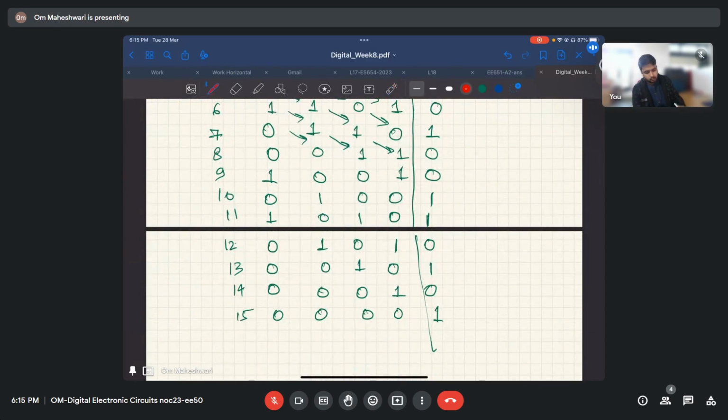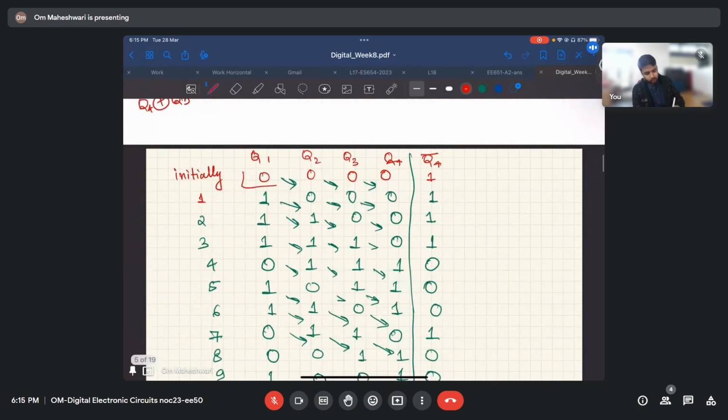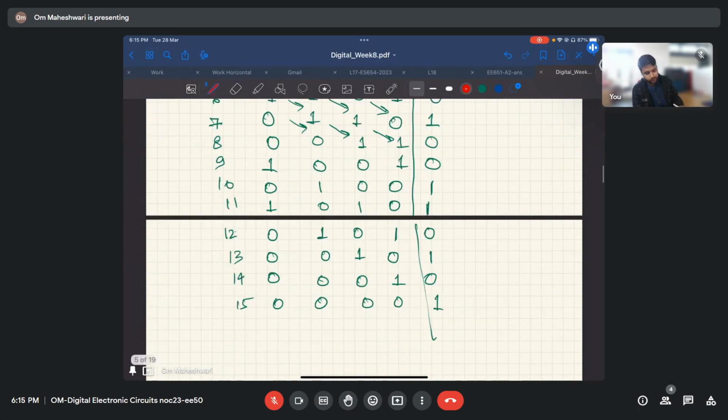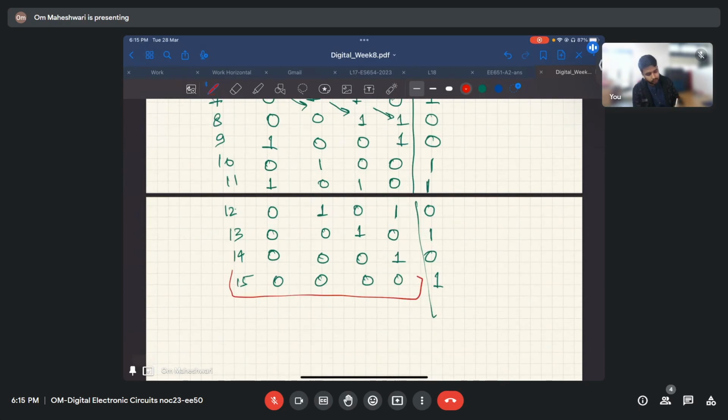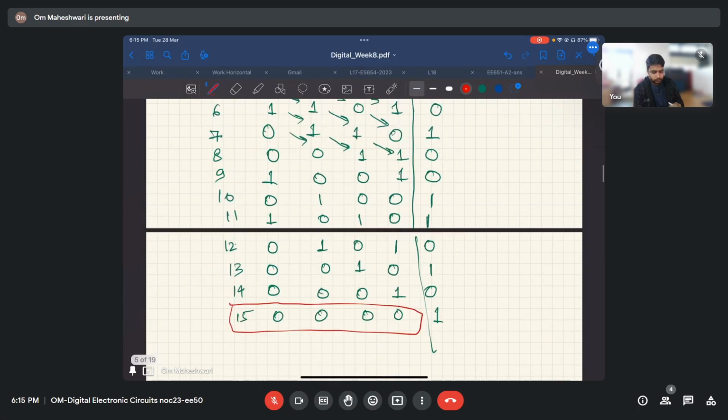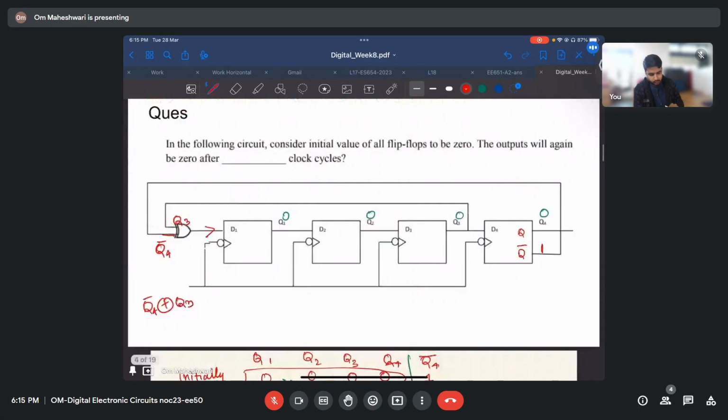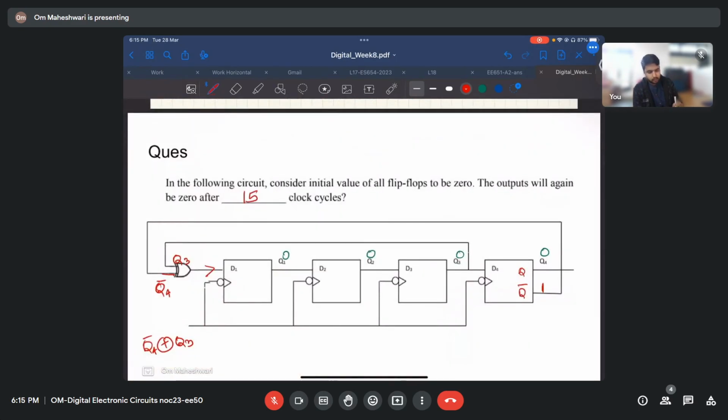We were 0, 0, 0, 0 initially, and after 15 cycles we are getting 0, 0, 0, 0 again. So the answer is 15 cycles.